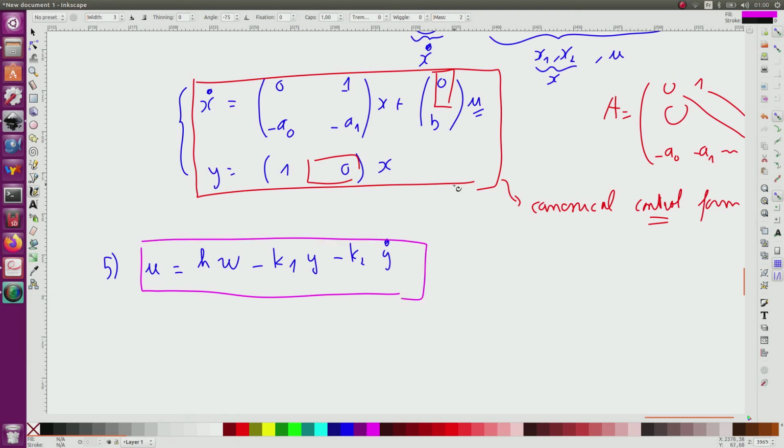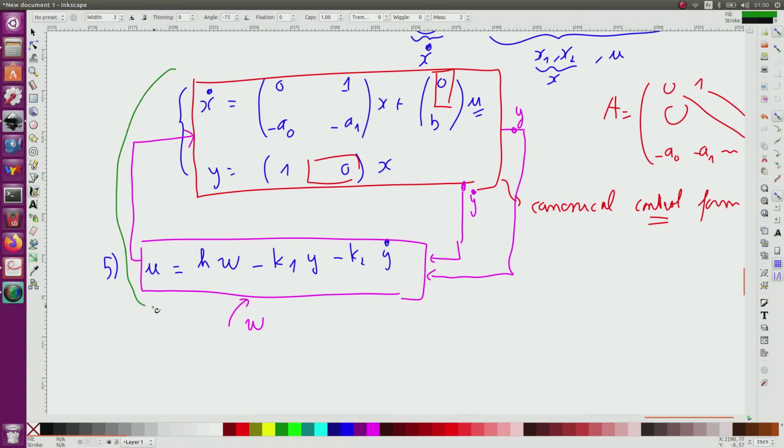The controller takes the system where the output is y, takes also y dot, and goes to the controller. The other input is w. U is generated to go here. So this corresponds to the closed loop system.